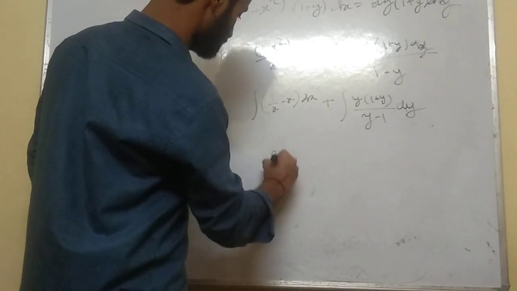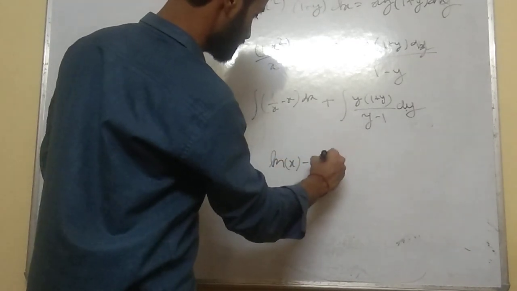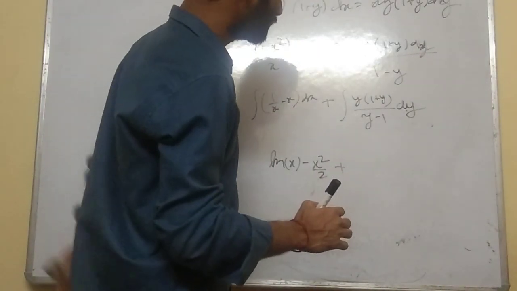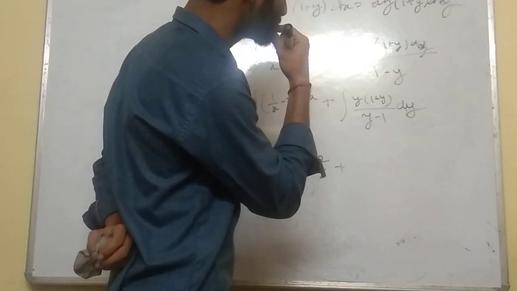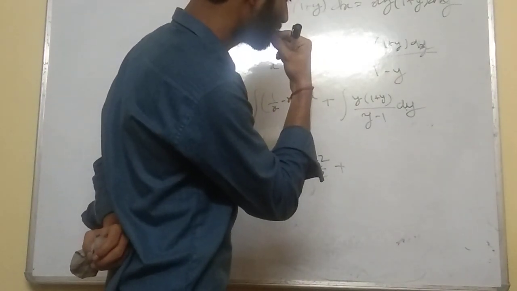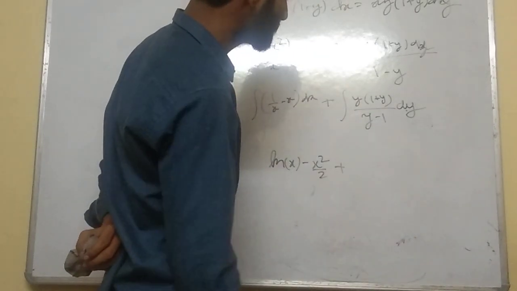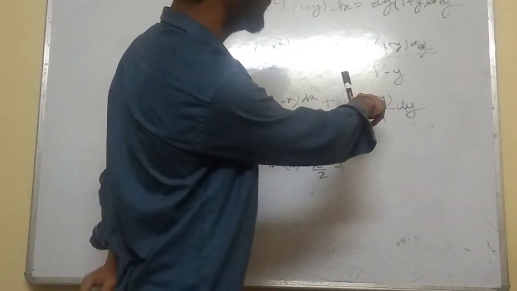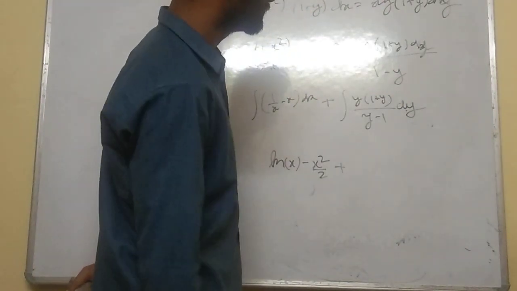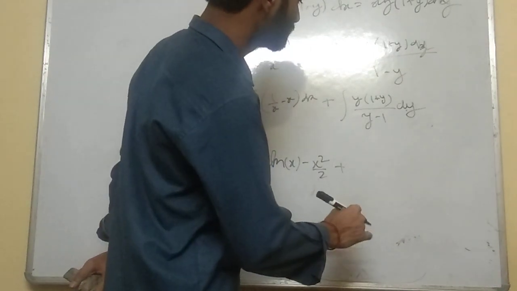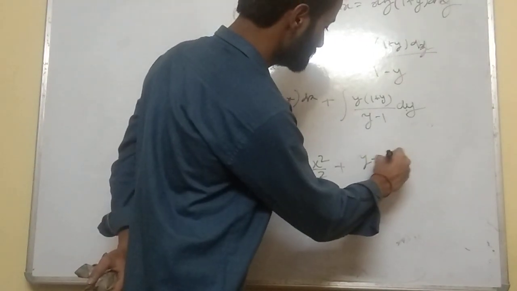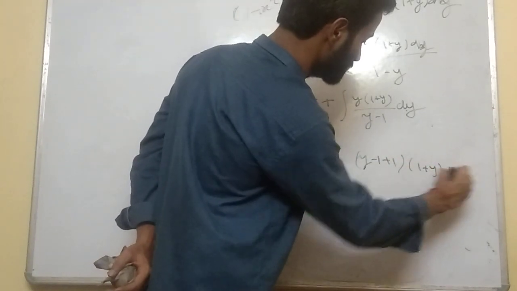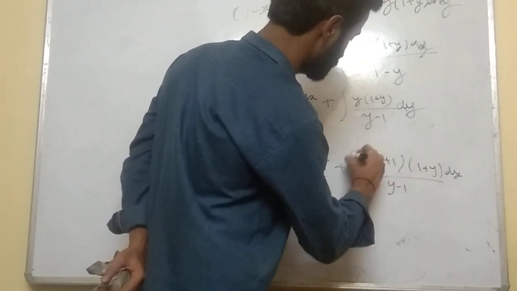You can integrate this: ln x minus x square by 2 plus, how you can solve this, y square plus y. So if you write down y minus 1 plus 1, you can solve like this: y minus 1 plus 1, 1 plus y dy upon y minus 1.